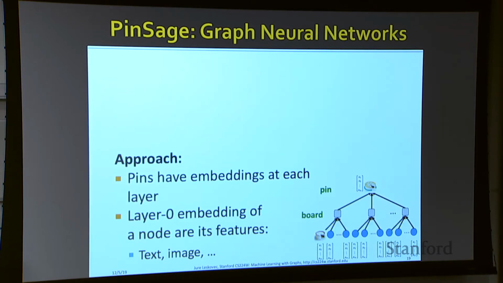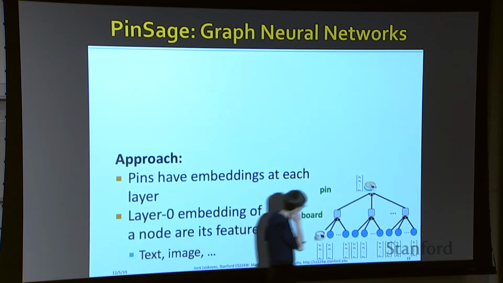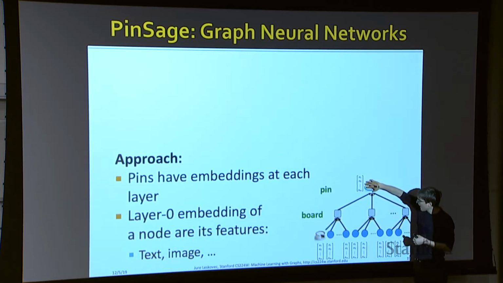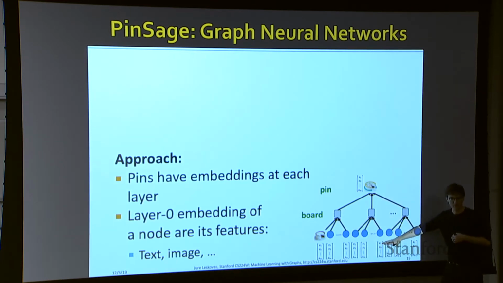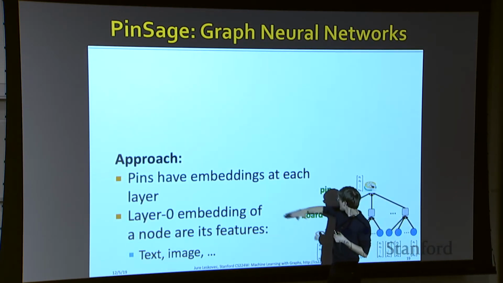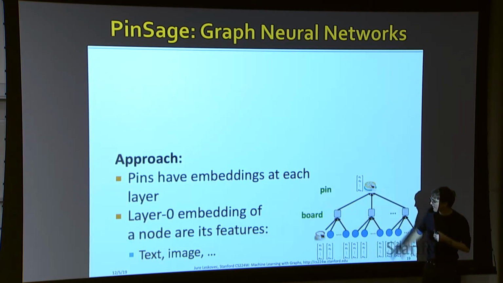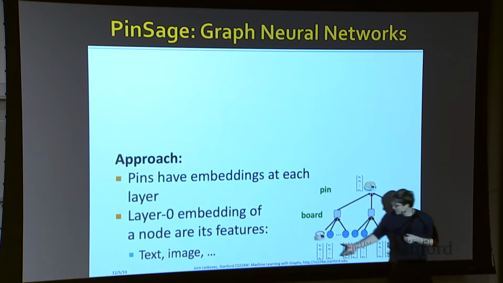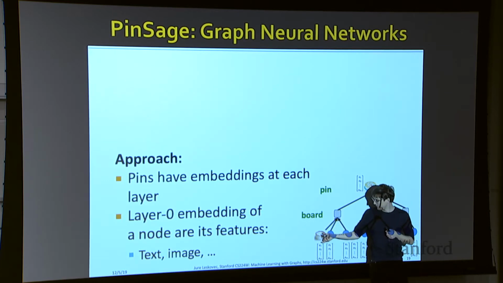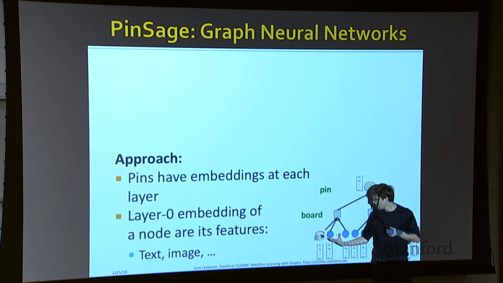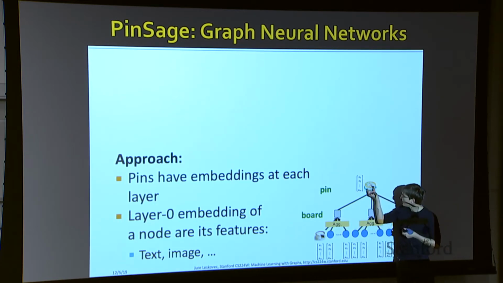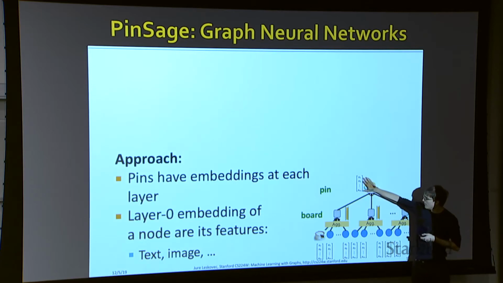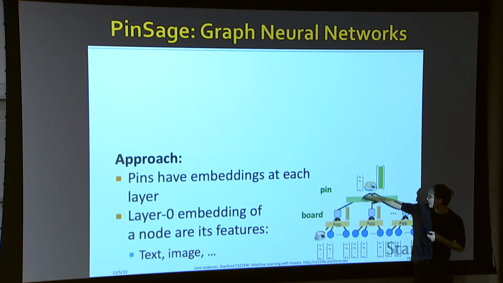So the idea will be the following, right? For every target pin, I will unroll the bipartite graph to get the graph neural network. This means that now pins will have embeddings at every layer. At the bottom layer, I will simply initialize the embeddings based on the textual and visual features of every pin. And then I will learn how to aggregate this information, combine it with the last target pin to come up with the final embedding for a given pin.